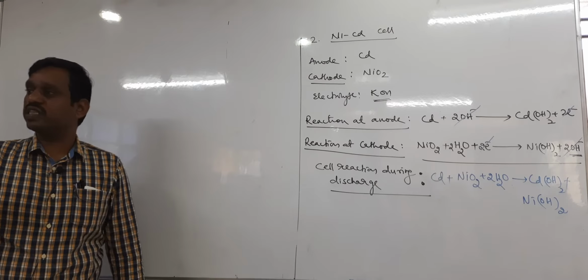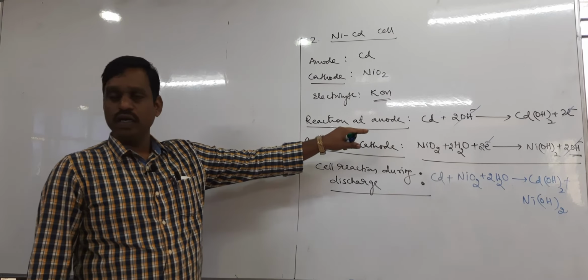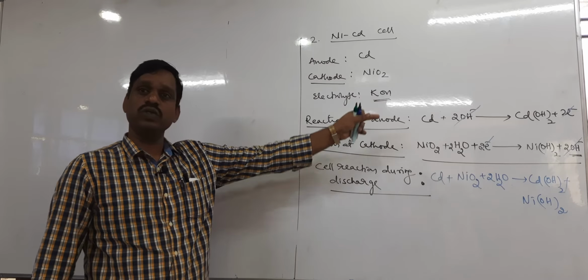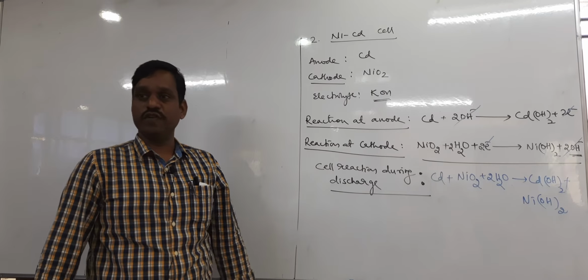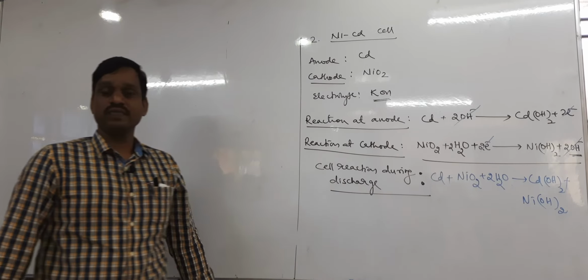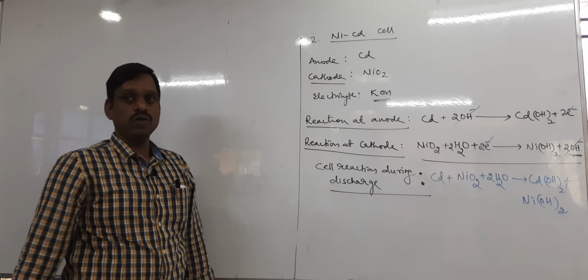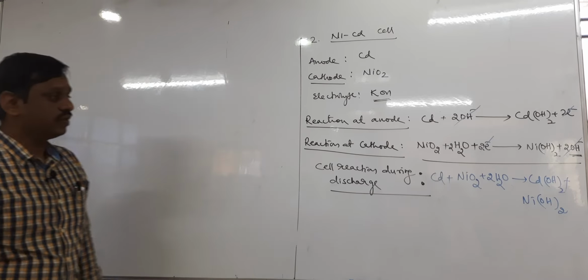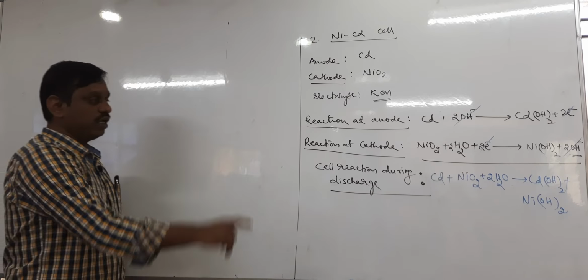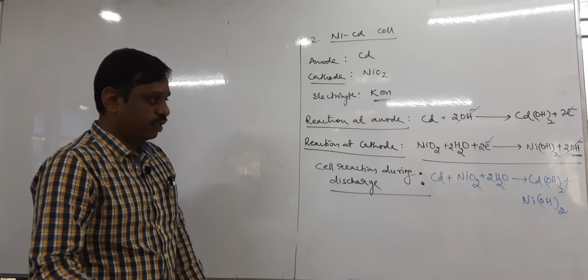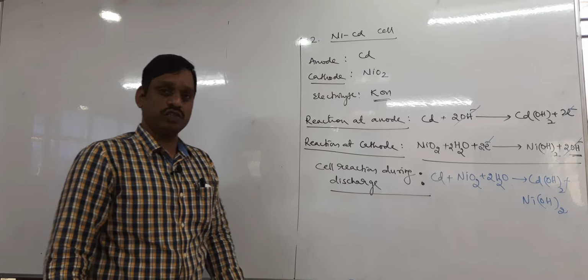Lead converts into lead sulfate. Here cadmium converts into cadmium hydroxide, sorry, not sulfate. Okay, the number of electrons there is 2, here also 2. So it is the cell reaction during discharge. Now write the cell reaction during recharge.